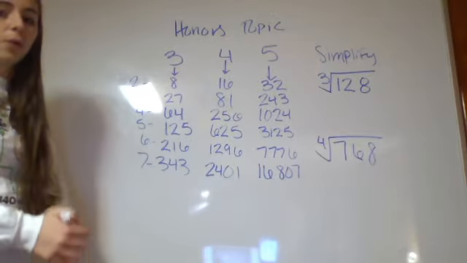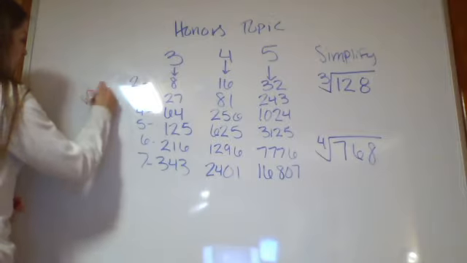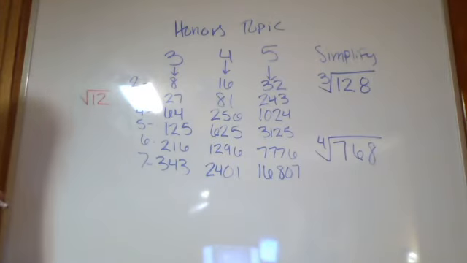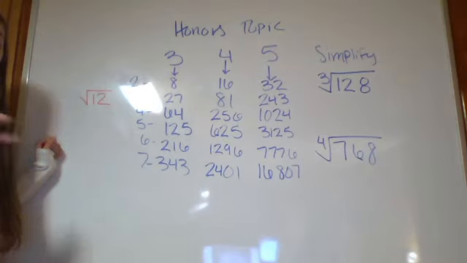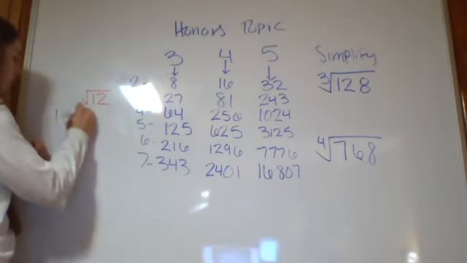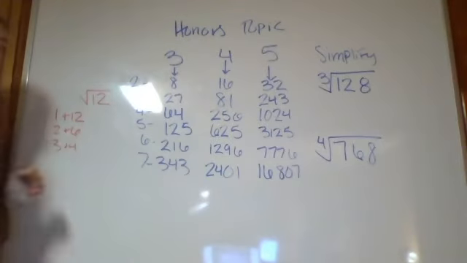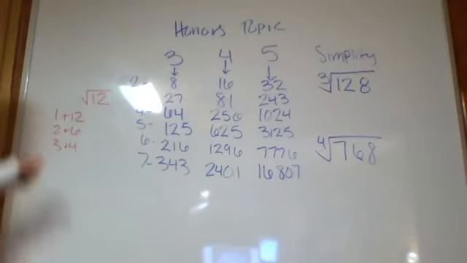So as a review, if I asked you to simplify the square root of 12, what I would have had you do was find all of the factors of 12. The factors would be 1 and 12, 2 and 6, 3 and 4. And then you would have said, okay, out of all these numbers, are any of these a perfect square?